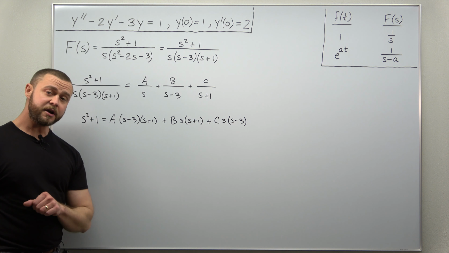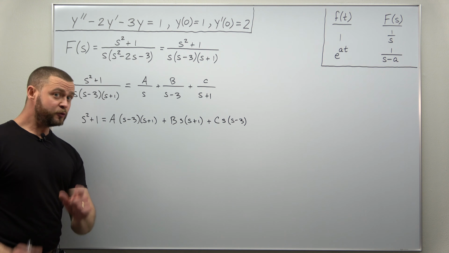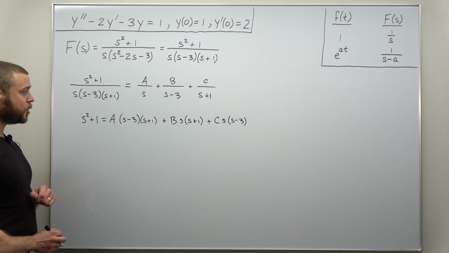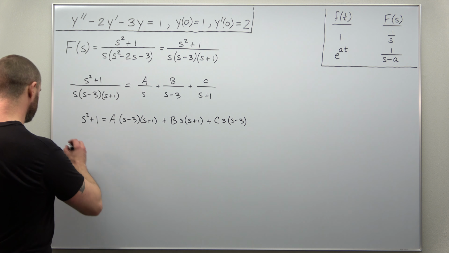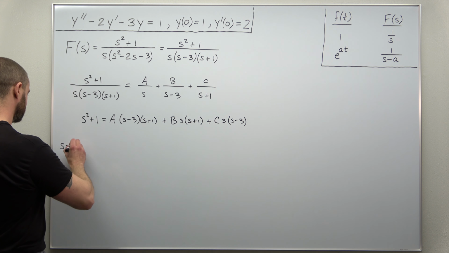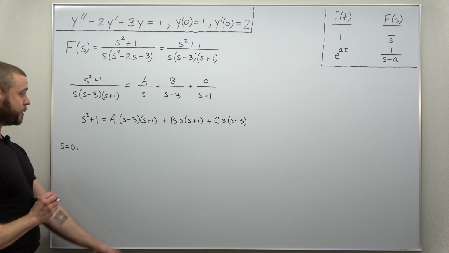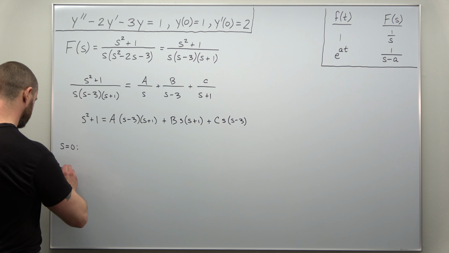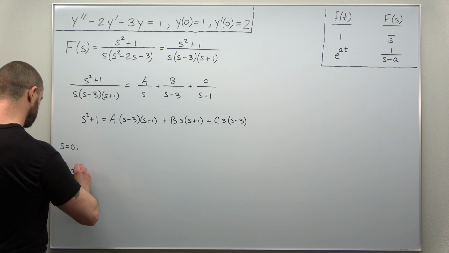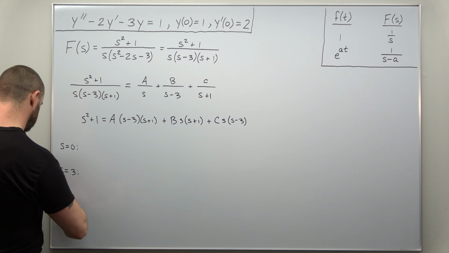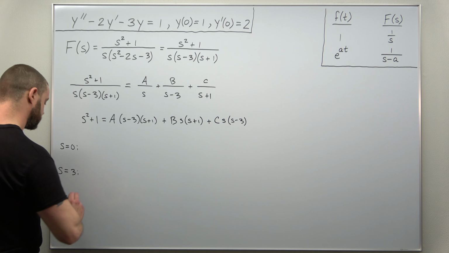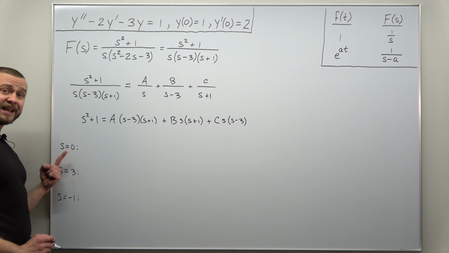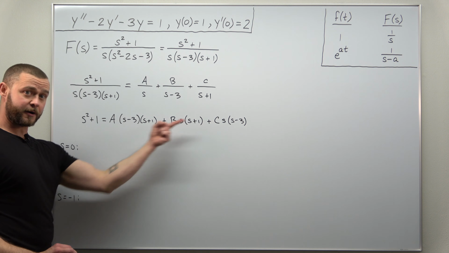All right, since we have linear factors, we can choose nice values for s and plug in. So we'll go with, let's say, s as 0. What else would we want to go with? Let's say negative 1 and positive 3. Let's just take it one value at a time. We're going to plug s as 0 in everywhere.